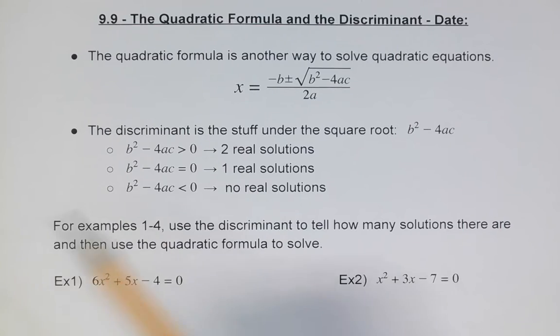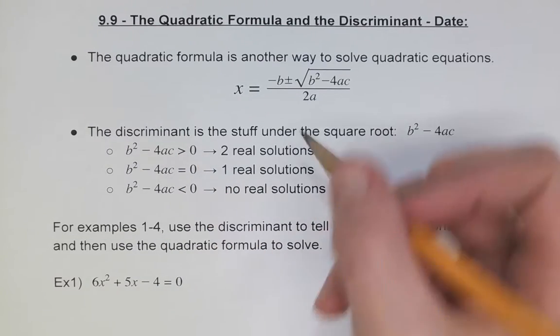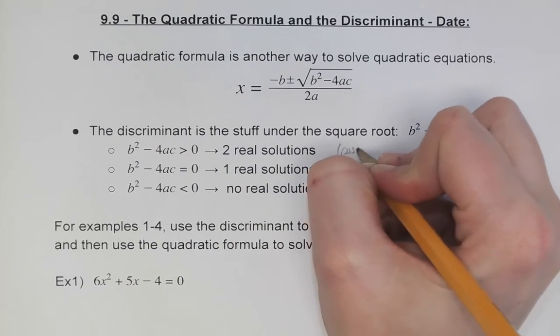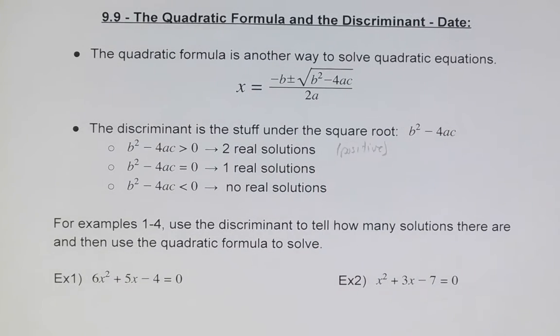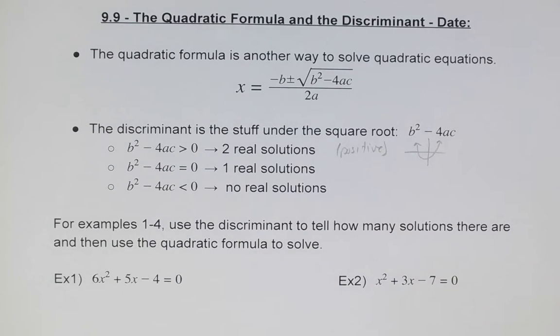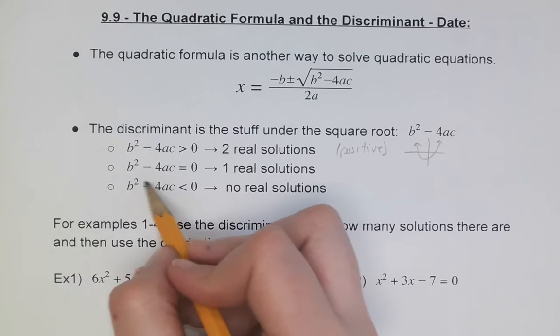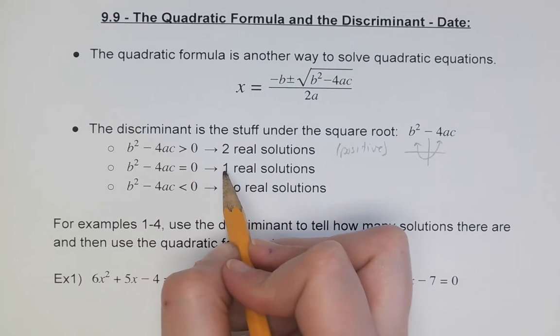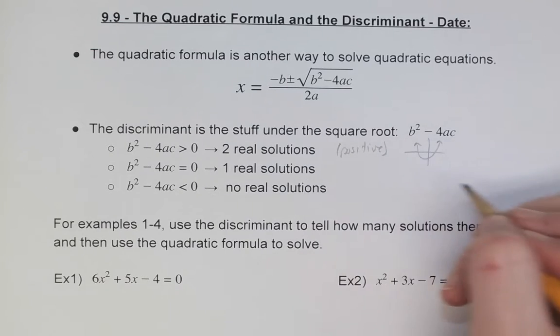If the discriminant is greater than 0, or positive, that means we are going to have two real solutions, or the graph is going to touch two times on the x-axis. If the discriminant is equal to 0, that means we're only going to get one solution.